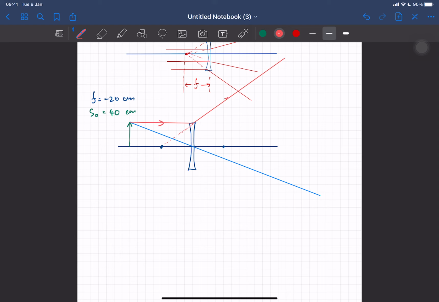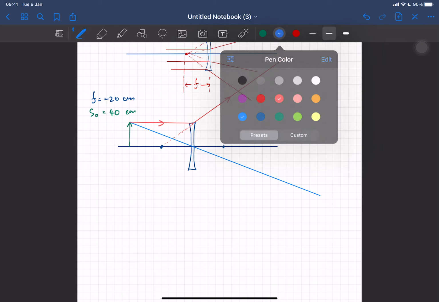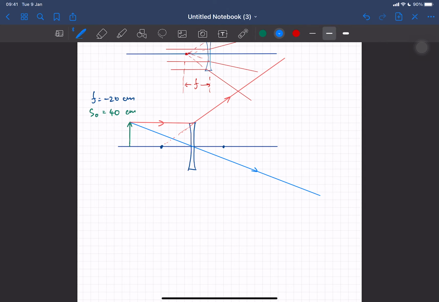So that's the light going out, but you can see that on the right-hand side of the lens, those two lines will never intersect again. But if you put your eyes here, you're going to see the light as if it's coming out from this tiny image here.